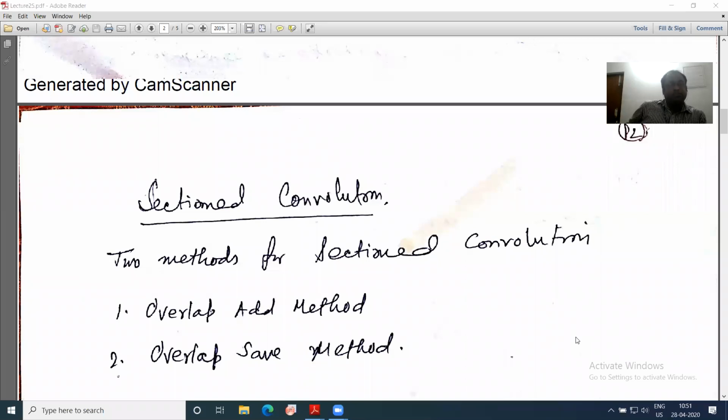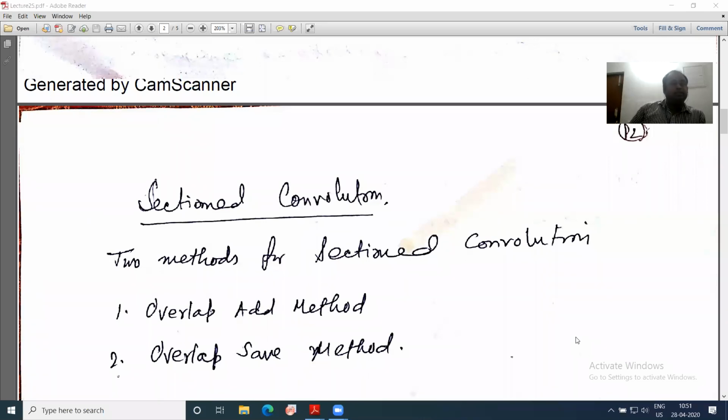Therefore, when you have long, big data with a large number of samples, you divide it into smaller sections and perform convolution with your impulse response.